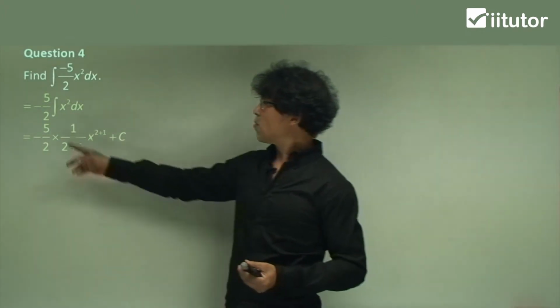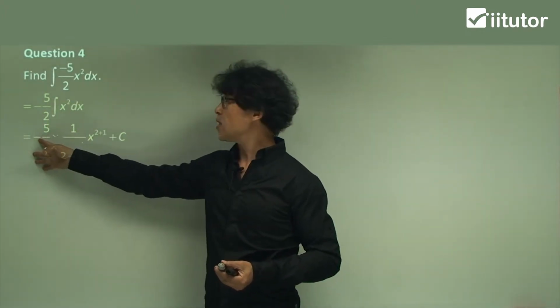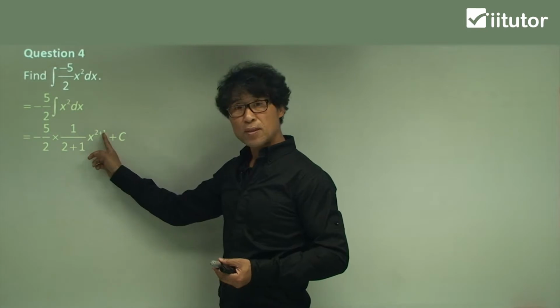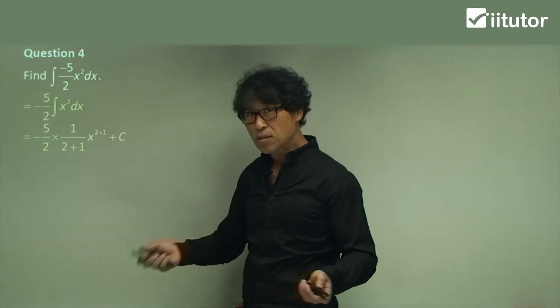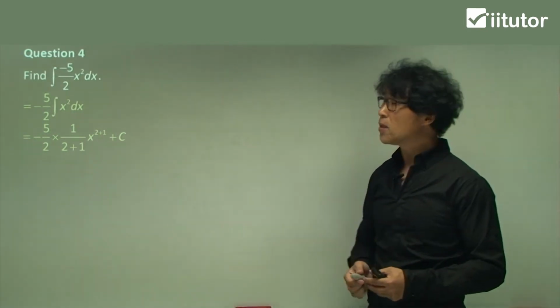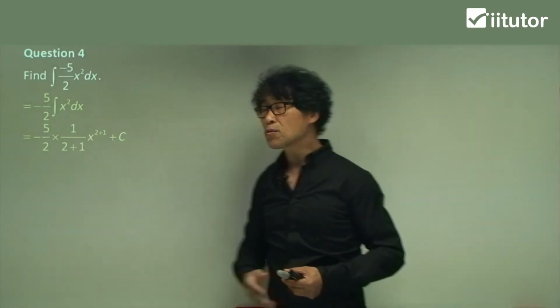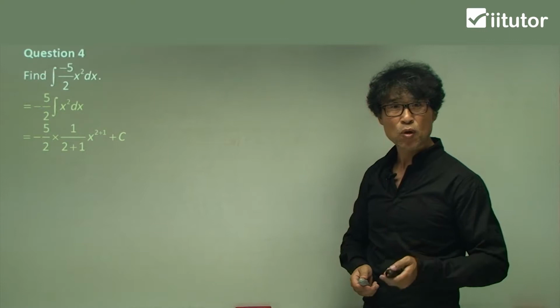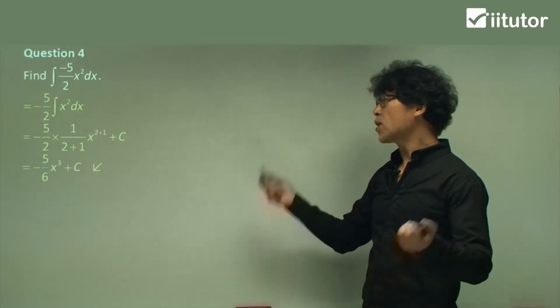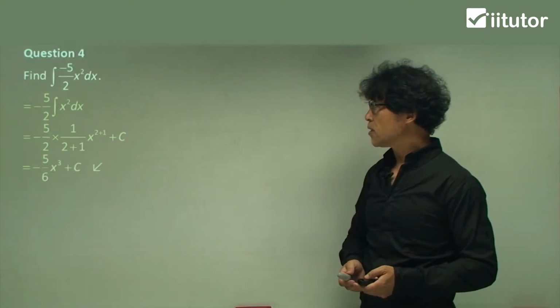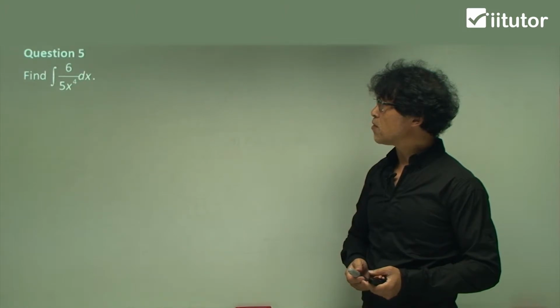The coefficient stays as it is, then plus 1, and plus c, just as usual. So the key part of this question is to take the coefficient completely outside of the integral. Then you can simplify.